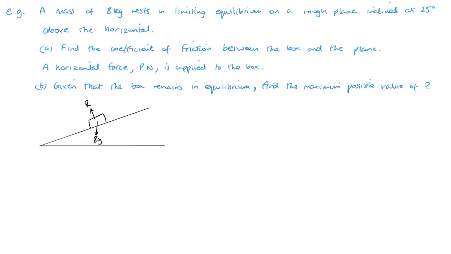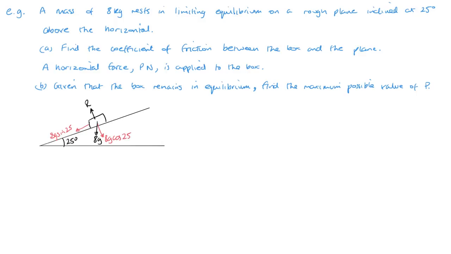Okay, so let's resolve the forces that are currently here. And of course this angle here is 25 degrees, don't forget that. So going down the box will be 8g sine 25, and then perpendicular will be 8g cos 25.